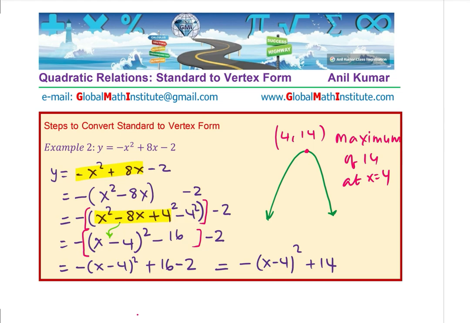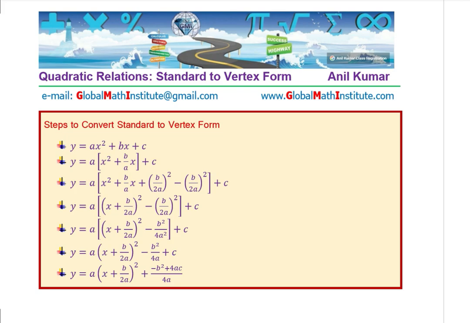So let's review the general solution since we have got some concept, right? Okay, so this is a general equation, ax squared plus bx plus c. So what we have done is we factored out a. To factor a, we have to multiply b with 1 over a or divide by a, right?